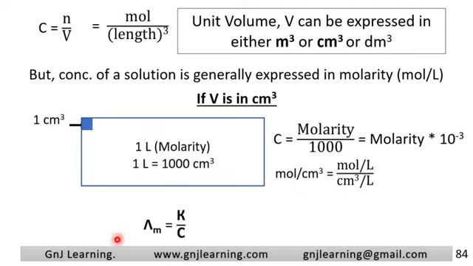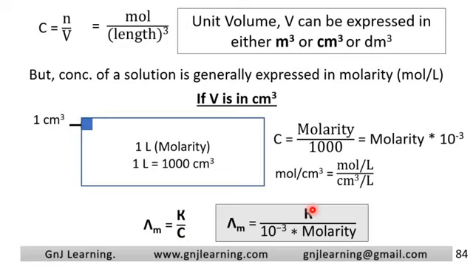So I can substitute if volume is provided, or if the length is in centimeter, in this entire equation. When the concentration is applied in molarity, then K by C must be written like this: K divided by molarity into 10 raised to minus 3, because C is equal to molarity into 10 raised to minus 3.